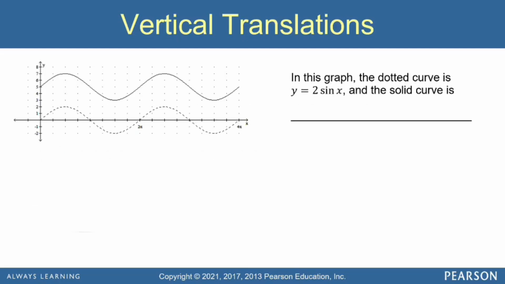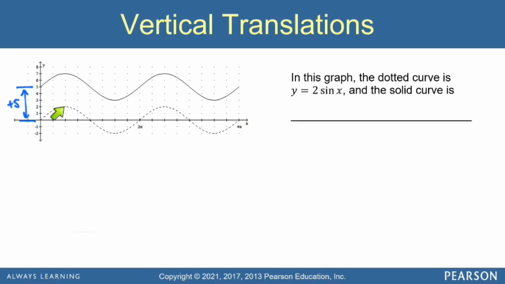Let's look at this a little more closely. The equation for this dotted curve is y equals 2 sine of x, and you can see here that the amplitude is 2. Now if you compare the solid curve to the dotted curve, what started out at y equals 0 ends up at y equals 5. So it's just been moved up 5 units. And we could say the same thing for the high point on the original graph.